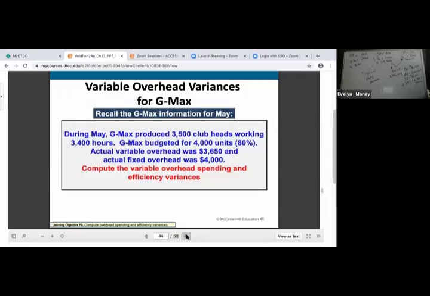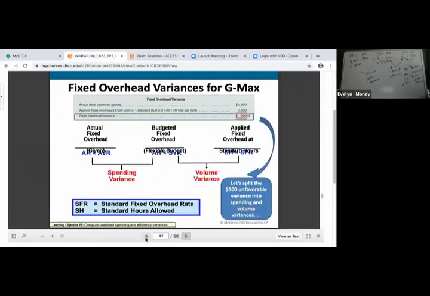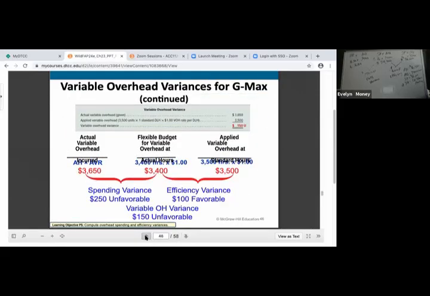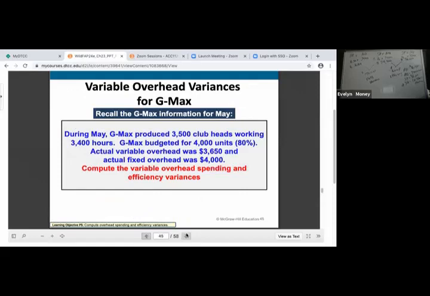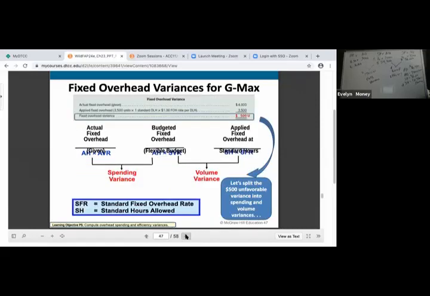So, using the same numbers that we were dealing with before, my slide is a little crazy here. We'll go back. This is the calculation for variable overhead and fixed overhead for these variances here. So for fixed, that's the one that I told you was different.